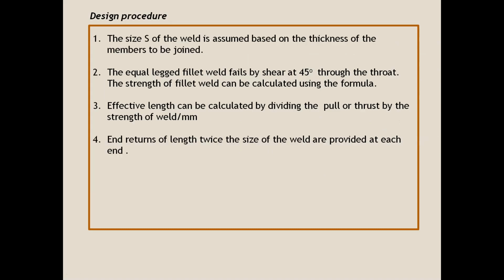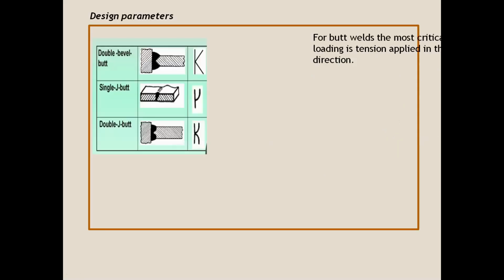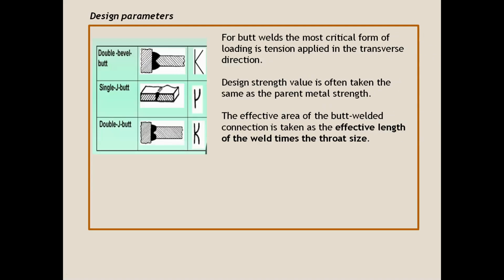Okay, design procedure. This is the procedure for fillet weld and design of butt welds. Design parameters: these are the following conditions. For butt welds, the most critical form of loading is tension applied in the transverse direction. Tension will be maximum, applied on this joint.